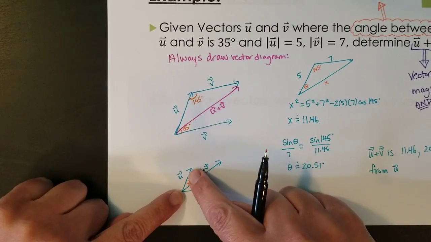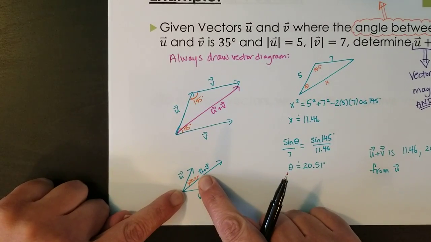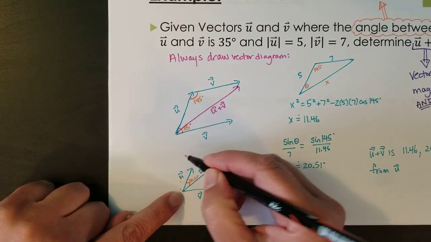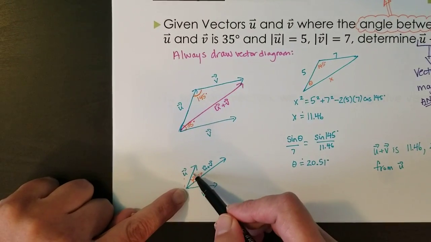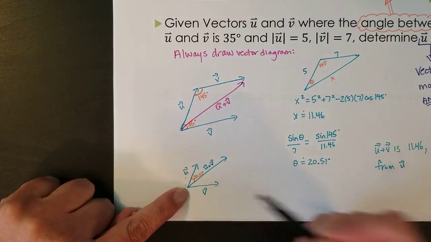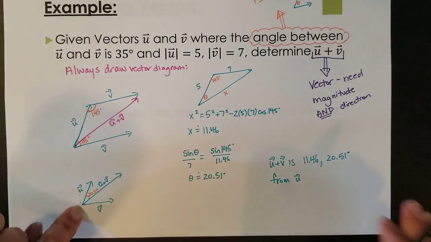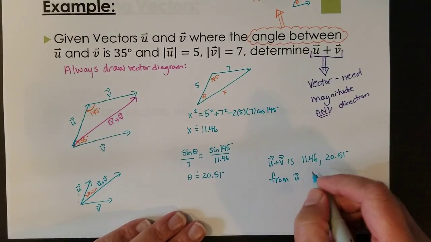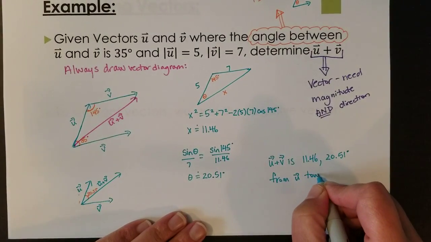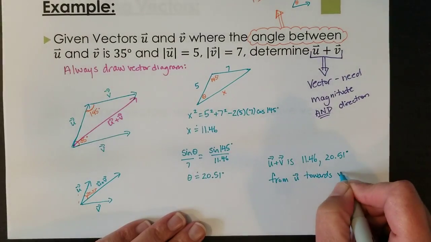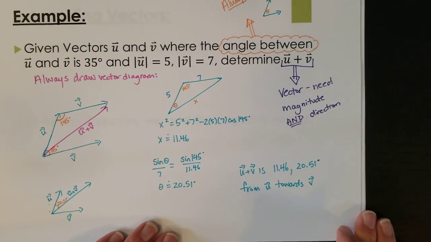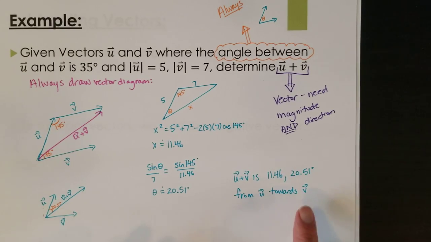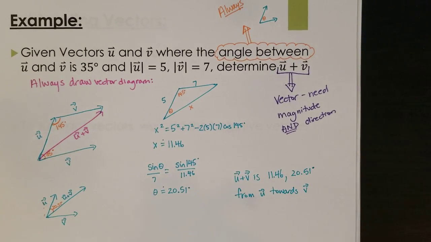So that's 20.51 degrees away from U, but there's two different ways that could go. That could also go up here, and that's not the way it is. It's 20.51 from U towards V. So you should be able to find a unique spot for that vector to be. So I measured 20.51 degrees away from vector U, and it's going towards V, not in the other direction.